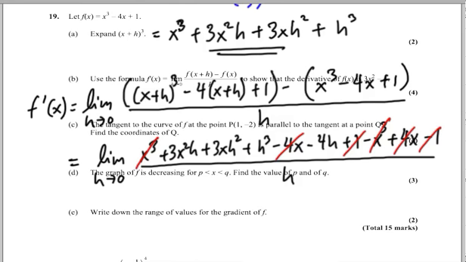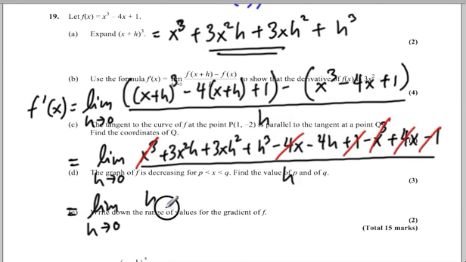Now, the important thing over here is when you're doing the limit as h goes to 0, anything divided by 0 is undefined. So what we need to do is somehow get rid of that h. So if you observe, the only terms left, the 3x squared h, the 3xh squared, etc., each of them have an h in them. So what we can do is factor out an h to help us with our cancellation.